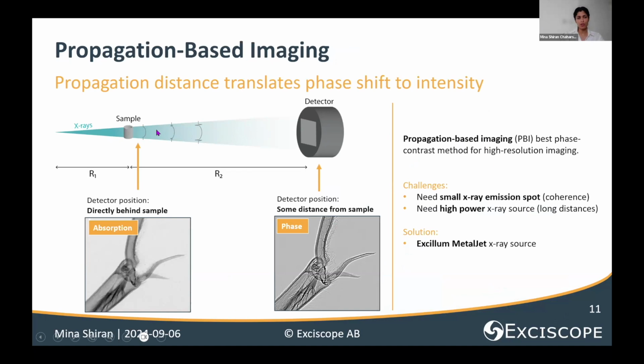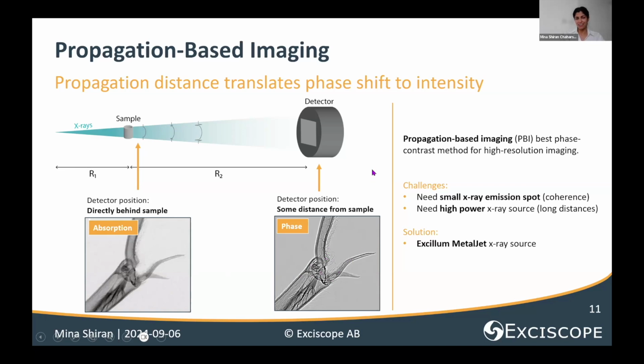However, for the absorption technique, you place the detector closer to the sample. And if you see the comparison between absorption and phase contrast imaging of a leg of an insect, you can see how it is possible to see all the fine structure in the leg.